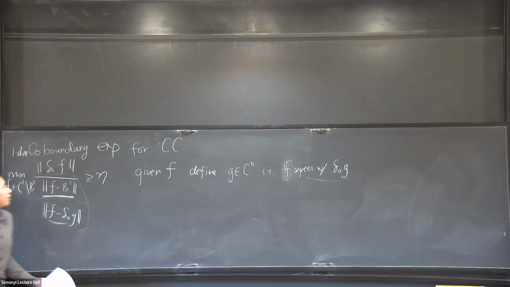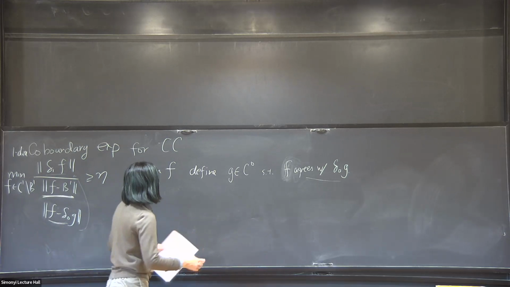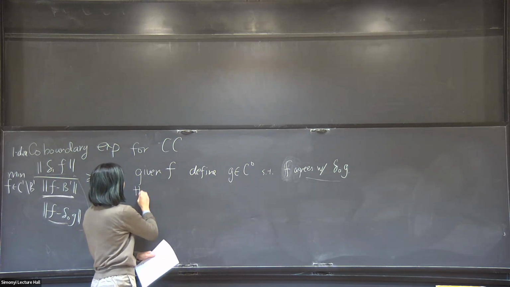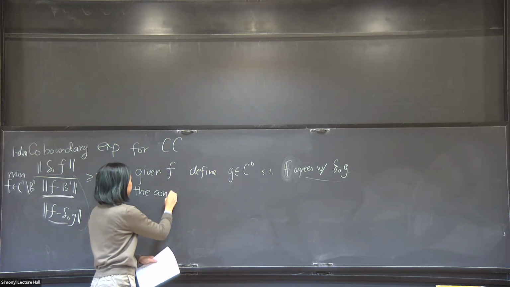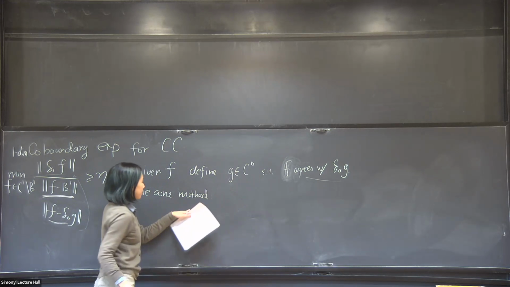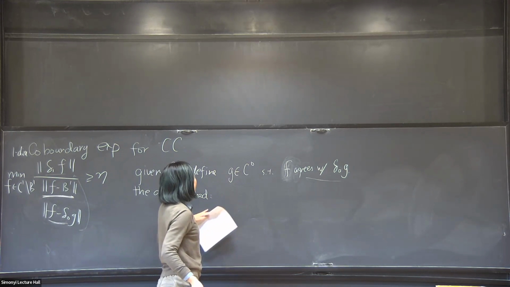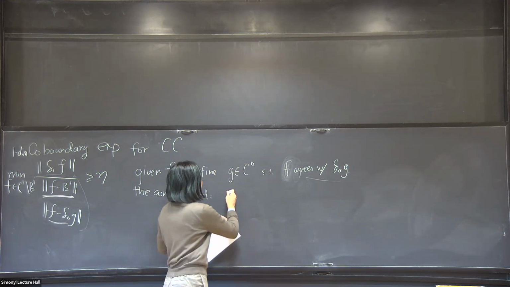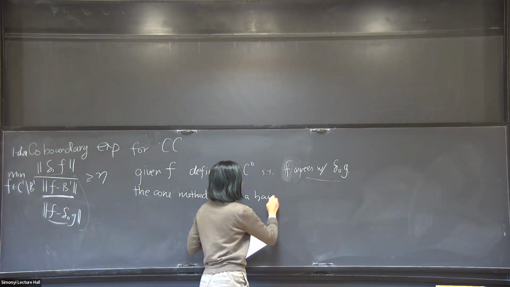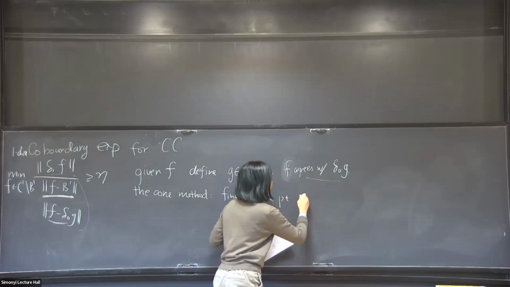The way of defining this g is the so-called Coe method. The Coe method is a pretty general paradigm, and it usually goes as follows: we find a base point v0.